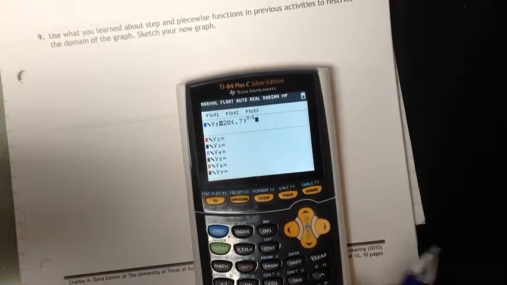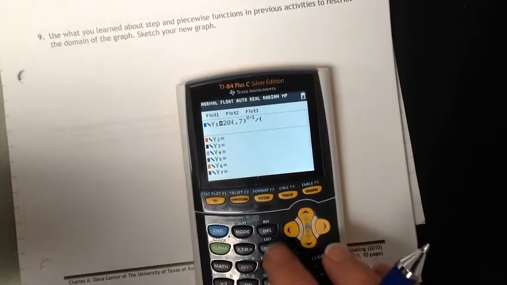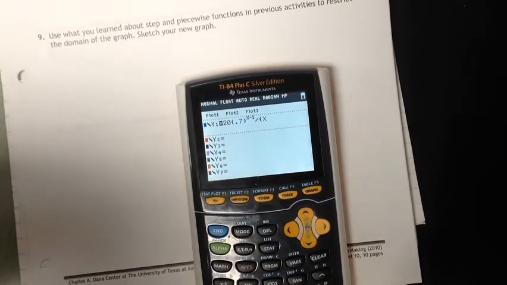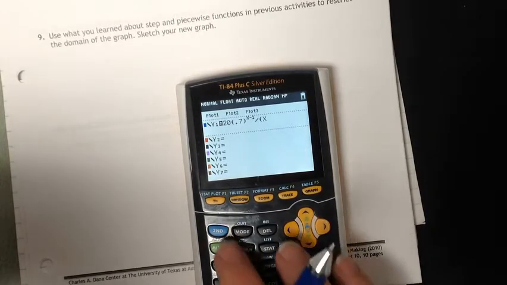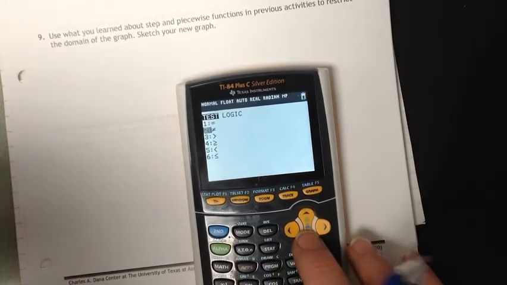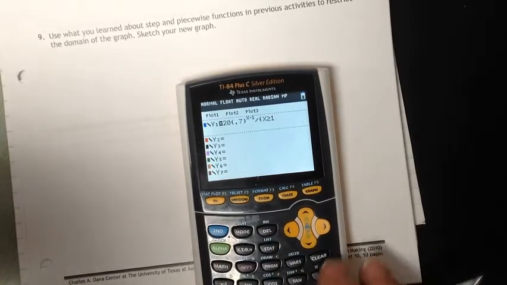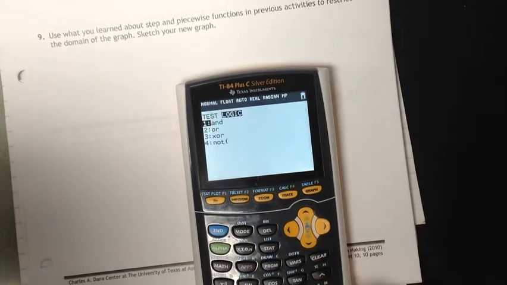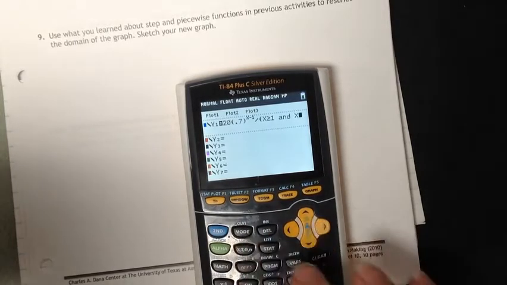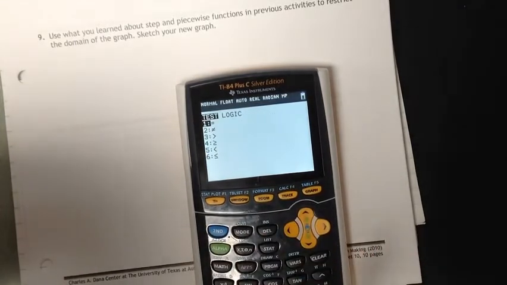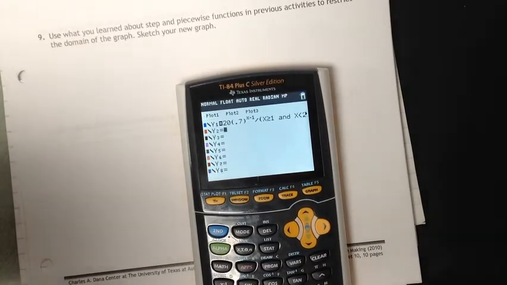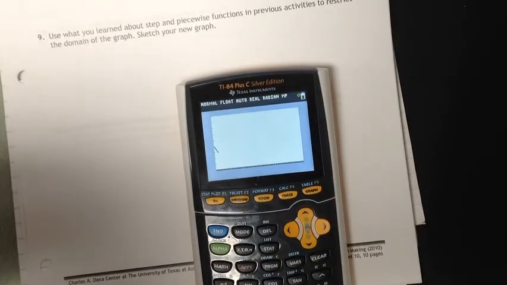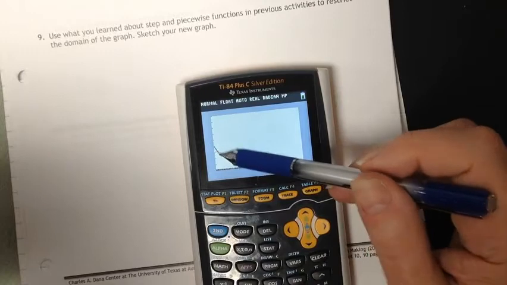I'm going to use the division, open up parentheses, and say x is greater than or equal to 1, and x is less than 2. Okay? And so there's day 1 right there, just that little piece right there.